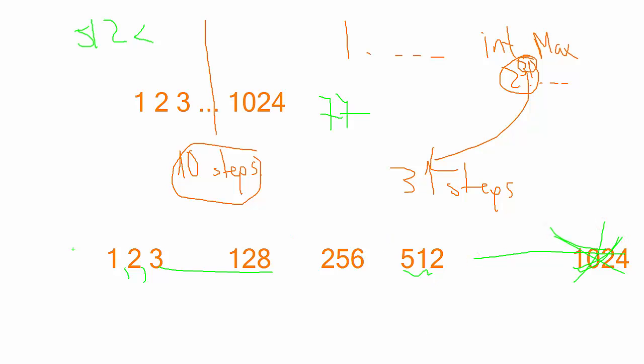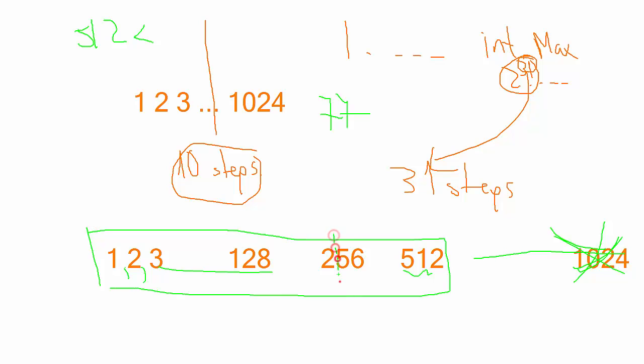Okay, I split the rest by half, so this thing I split, 256, and I say 256, and you tell me that yours is smaller, and so I know that everything from 256 to 512 is not there, so I split again. I say 128. You tell me that yours is less than, so I delete everything here.